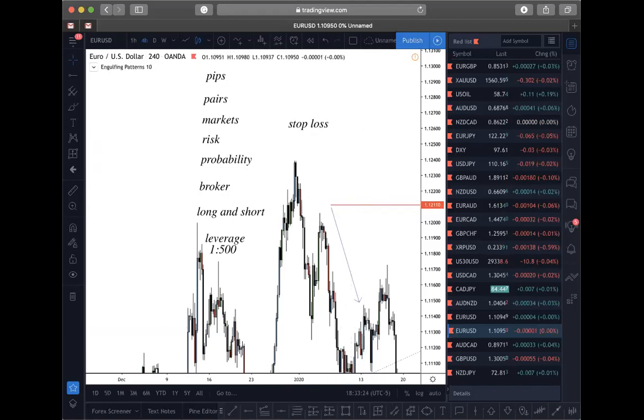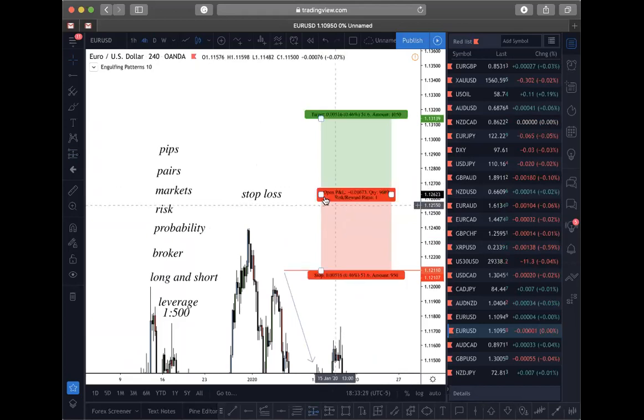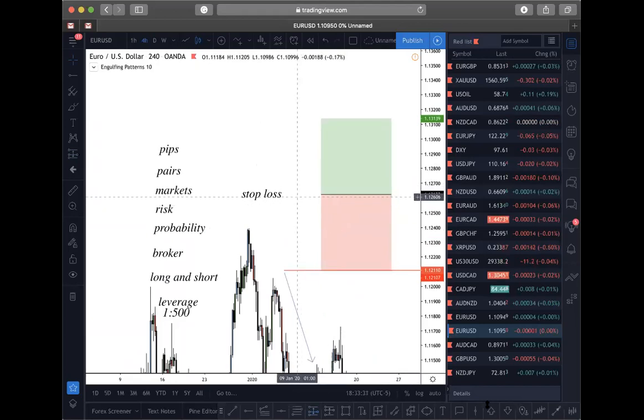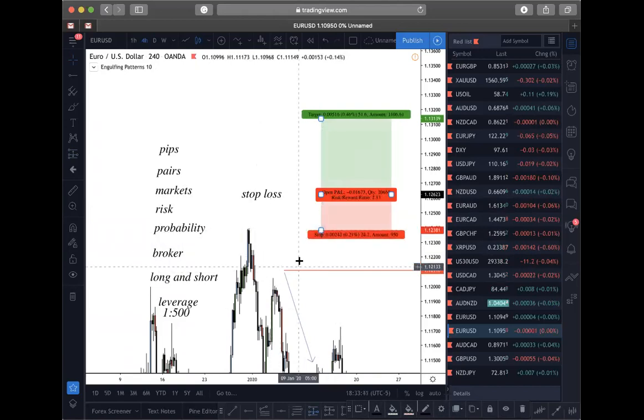So for example, let's say I place that trade here. Now the black line in the middle would be the entry price, $1.12, and this red line at the bottom would be your stop loss, let's say $1.12 and 381.